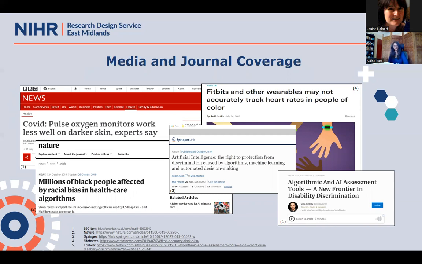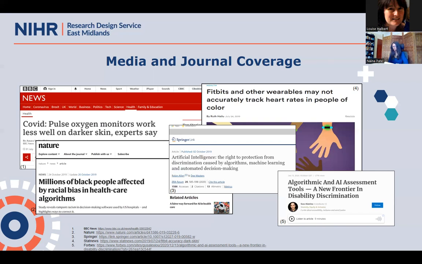Oxygen monitors are designed to spot signs of dangerous falls in oxygen levels in COVID patients. However, these work less well in those with darker skins. Both NHS England and the medicines regulator, the MHRA, said these monitors may sometimes overestimate oxygen levels in darker skins.